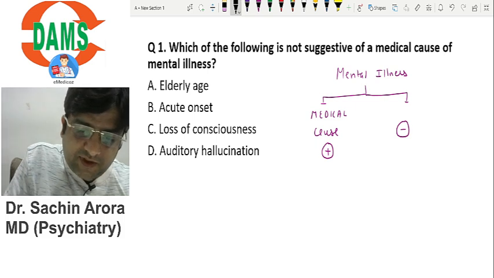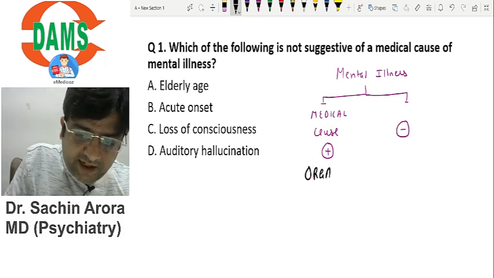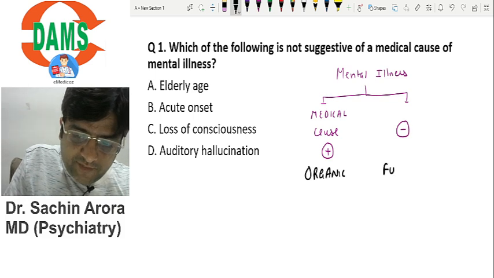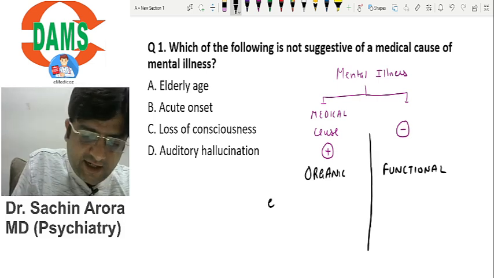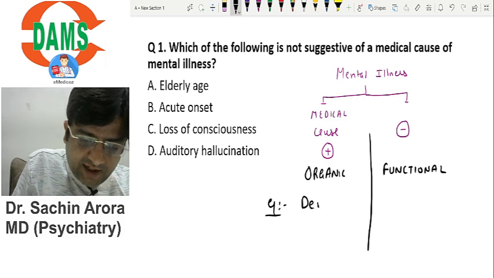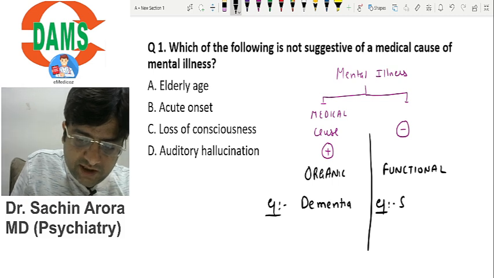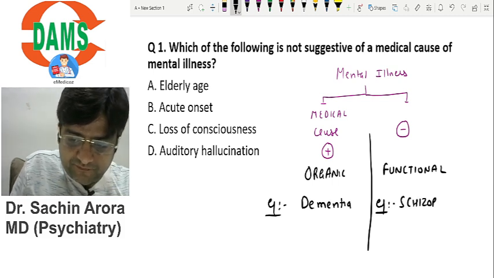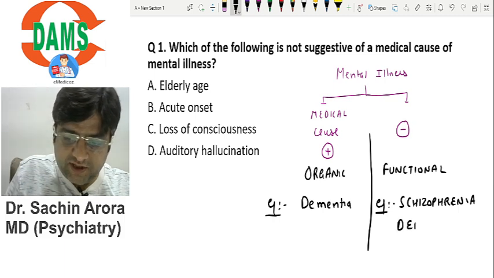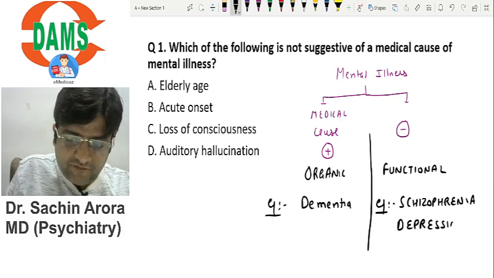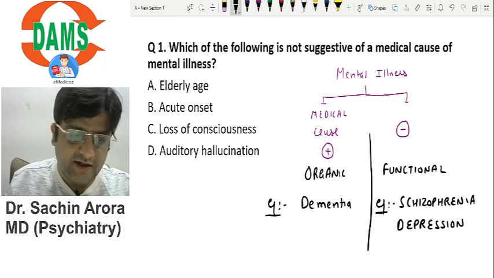If a medical cause is present, we call it organic, and if a medical cause is absent, we call it functional. Organic examples are dementia, delirium, etc. Functional examples are schizophrenia, depression, etc. So they are asking you how to differentiate functional from organic.